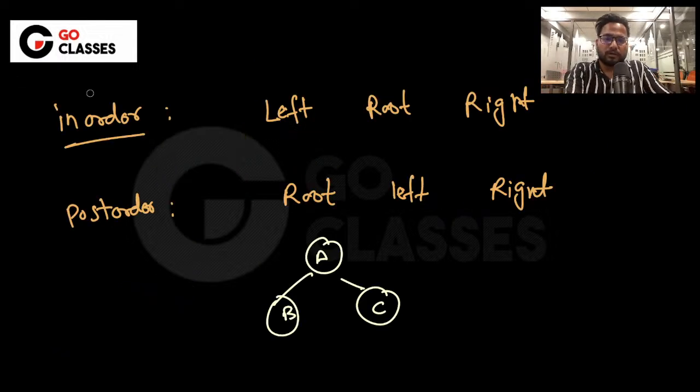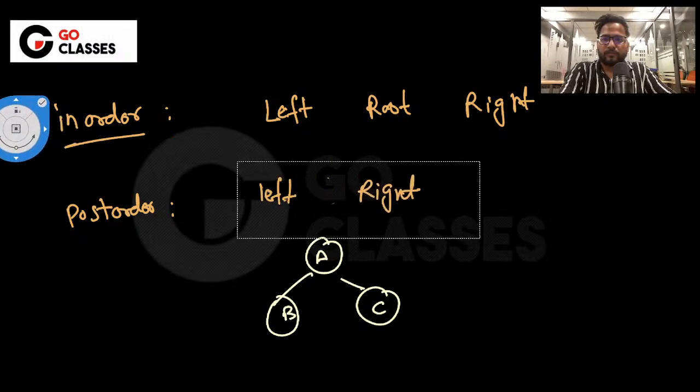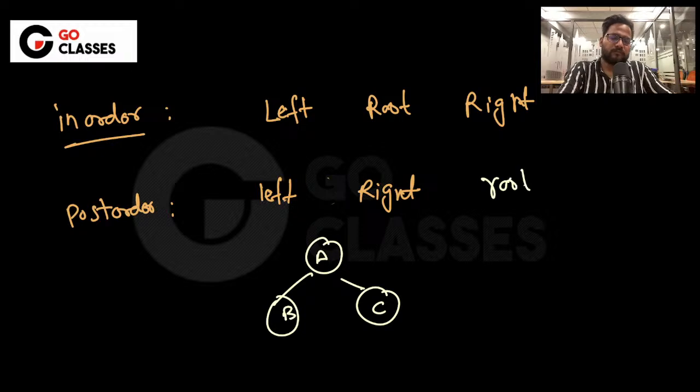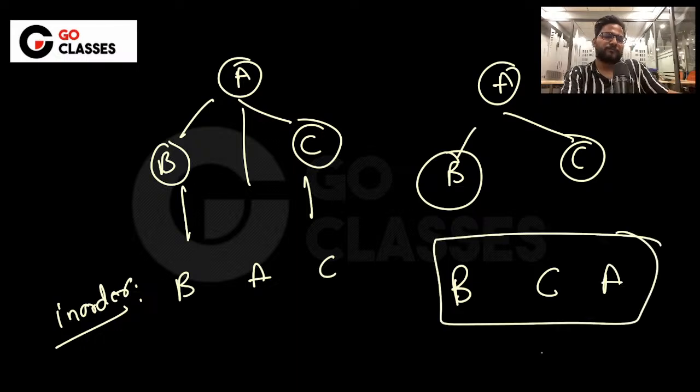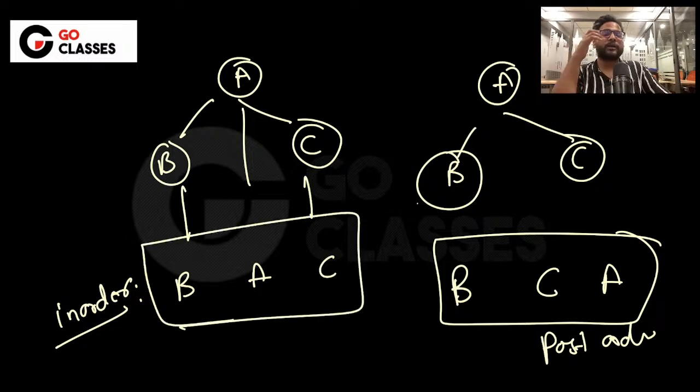Sorry, I mistyped it. So it is left, right, root. So BCA is post-order. Even for a small tree like this, the in-order and post-order are not the same.